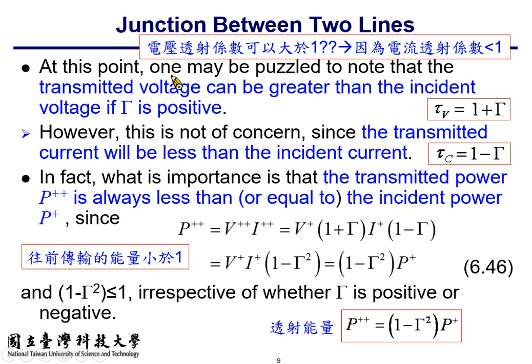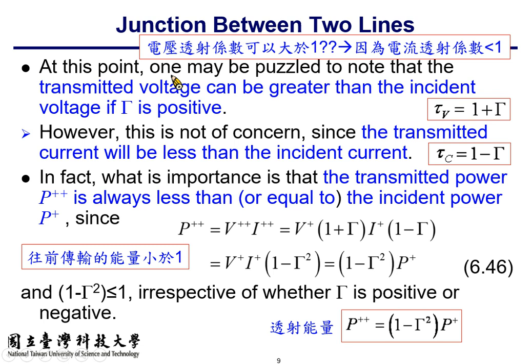Even though the voltage V double plus is larger than V plus, at the same time the current transmission coefficient is defined as 1 minus gamma, so it will be smaller than 1.